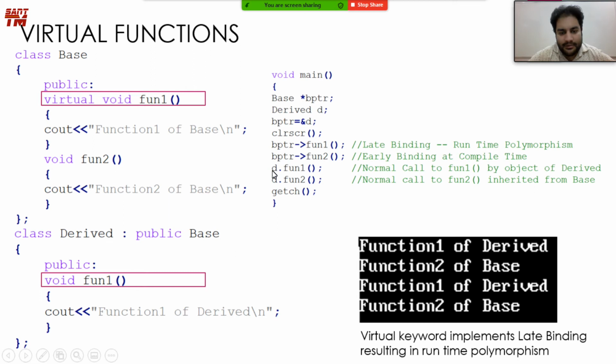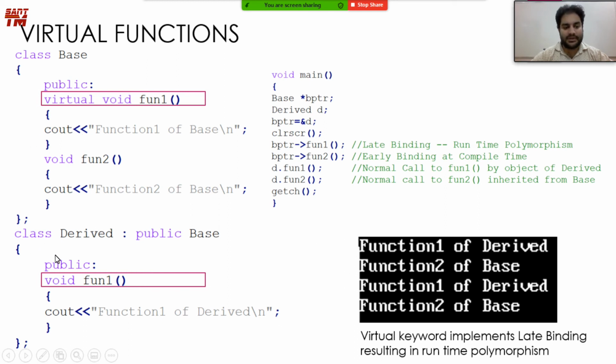Now D is the normal object, so I will use the dot operator, D dot fun1. D dot fun1 means again function 1 of derived. D dot fun2 means this was inherited here, so function 2 of base. The virtual keyword implements late binding, resulting in runtime polymorphism. Runtime polymorphism means at the runtime of the program, it is decided which of the two functions we have to execute.